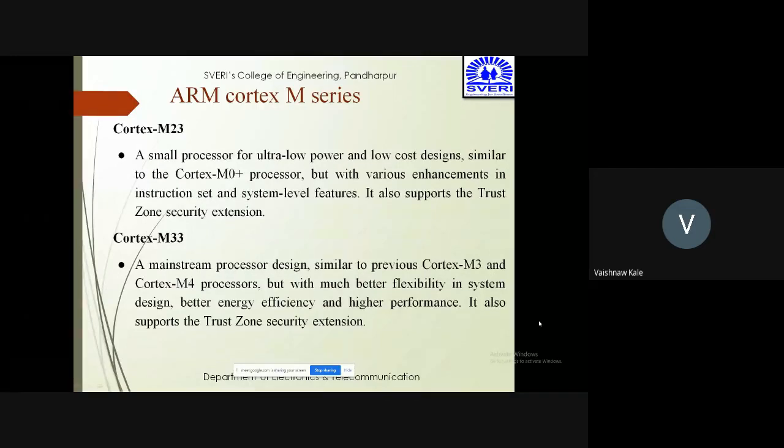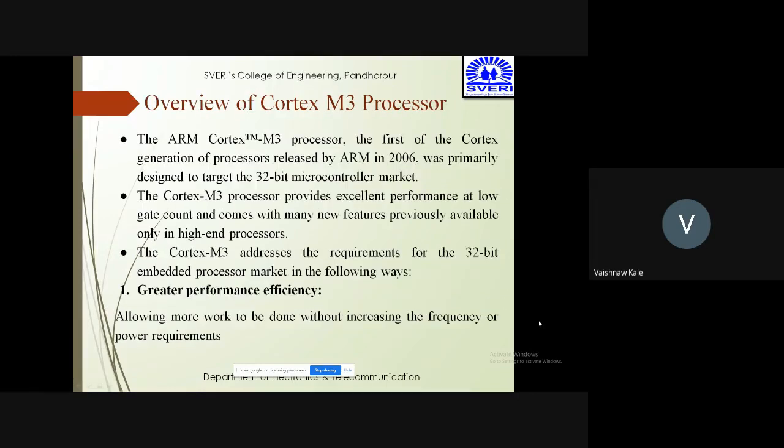M23 has all the features of the Cortex M0 Plus processor. Beyond that, it has a TrustZone security extension. M33 is also very much like the previous Cortex M3 and M4, but with better flexibility, design, better energy efficiency, and high performance. It also supports the TrustZone security extension.